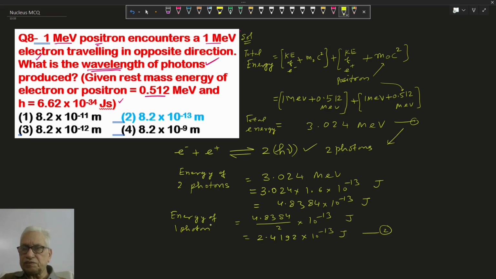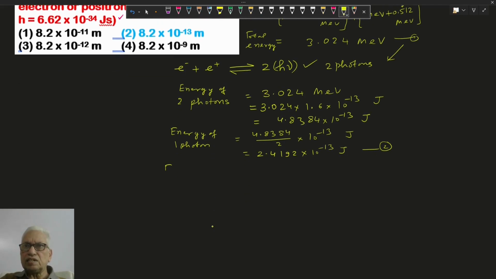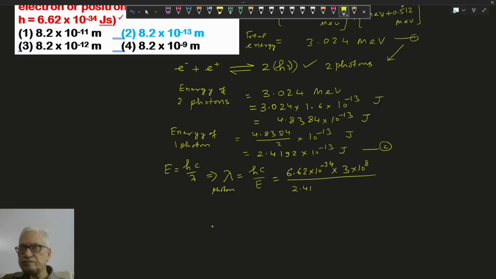This is equation 2. Now energy is equal to hc by lambda, where h is the Planck constant, c is the speed of light, and lambda is the wavelength of the photon, which can be found as hc by E. h, the Planck constant, is 6.62 into 10 power minus 34 and c is 3 into 10 power 8, divided by the energy, 2.4192 into 10 power minus 13.